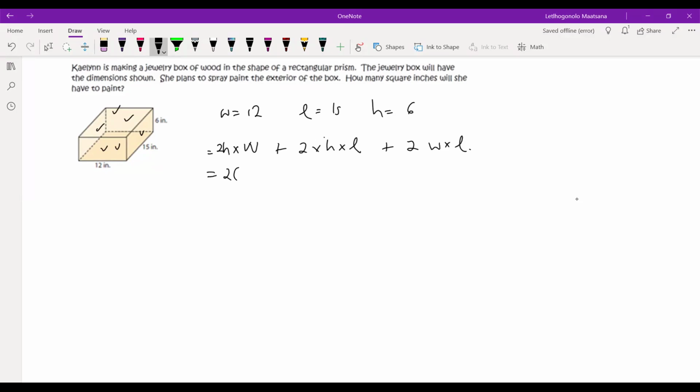So we have 2 times 12 times 6 plus 2 times 6 times 15 plus 2 times 12 times 15. Let us add that into the calculator, giving us 684 inches squared.